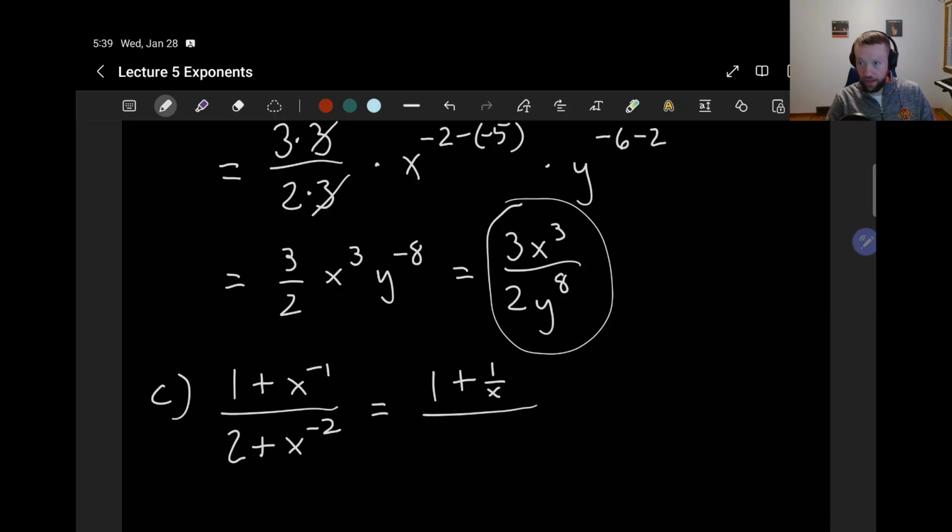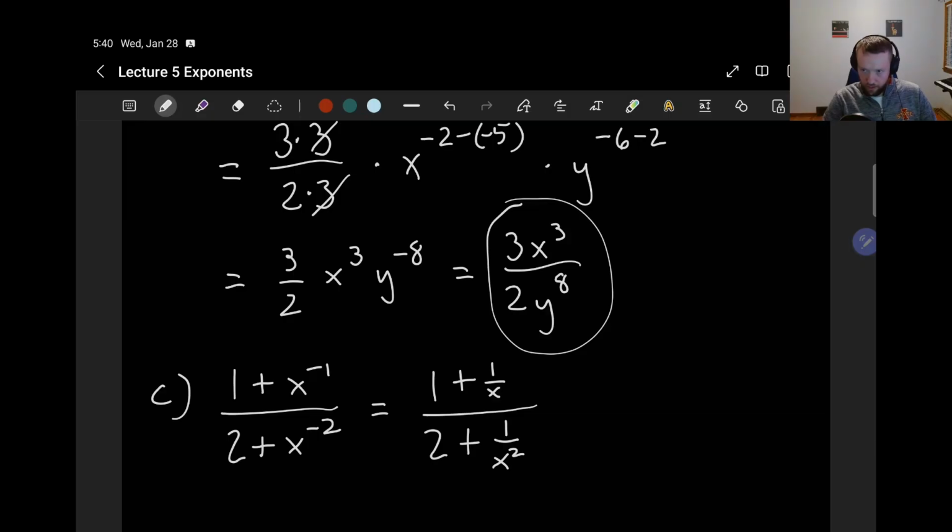Instead of x to the -1 power, it's 1 over x. Likewise, we have a 1 over x squared. Now notice that I can't do any canceling right now because these are not factors, but terms. In other words, I have addition instead of multiplication. So I'm not able to start slashing stuff.